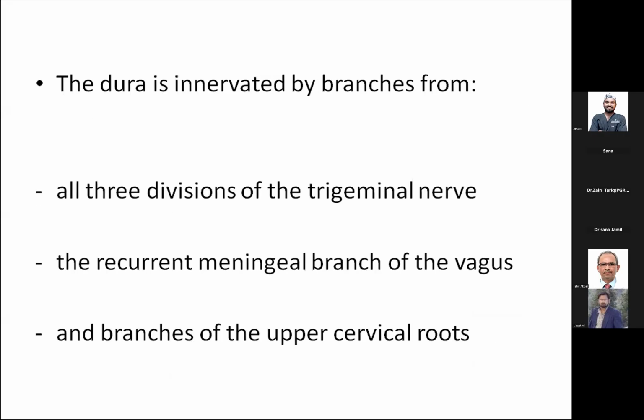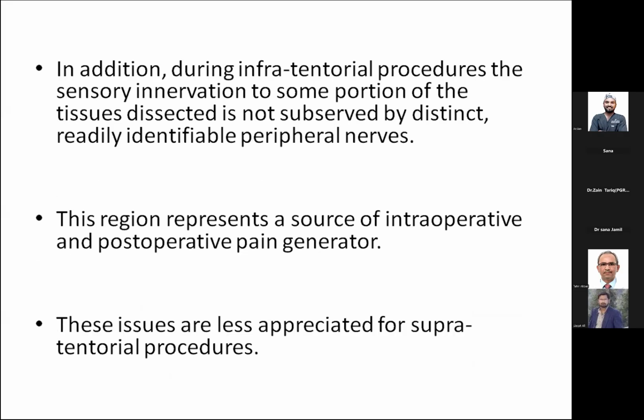The dura is innervated by a lot of different nerves and branches, and it is impossible to block them all. In addition, during infratentorial procedures, the sensory innervation to some parts of the brain is not subserved by distinct, readily identifiable peripheral nerves. This region represents a source of both intra and post-op pain.